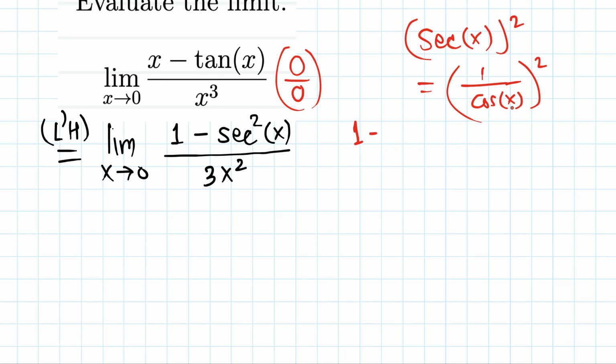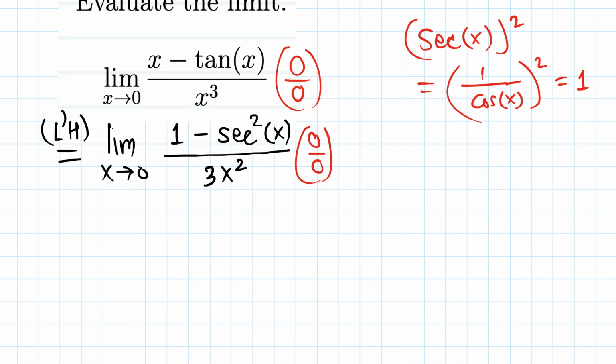Cosine of 0 is 1; check the unit circle or your calculator. 1 over 1 is 1, squared is 1. So secant squared 0 is in fact 1, over 3 times 0 squared. So again we get 0 over 0 after we simplify this.